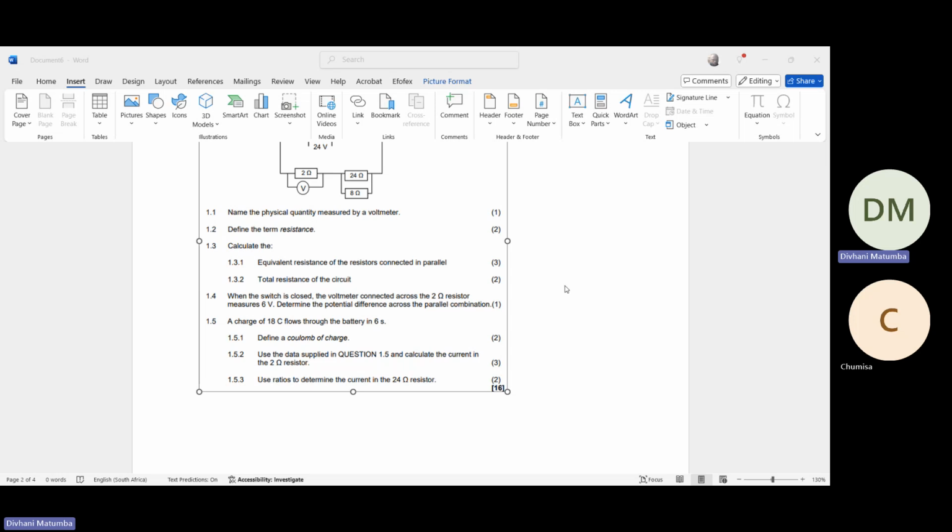So potential difference is given by the work done to move the charges through the conductor between two points in the conductor. It is the work done to shift the amount of charge. So V is given by W over Q.